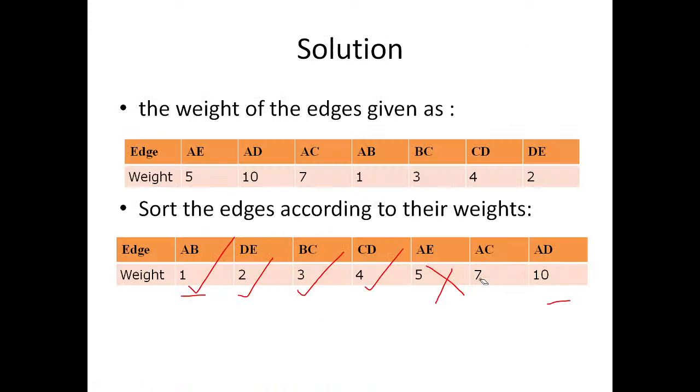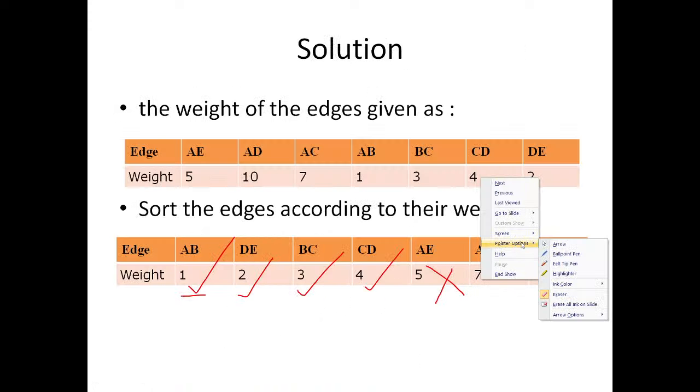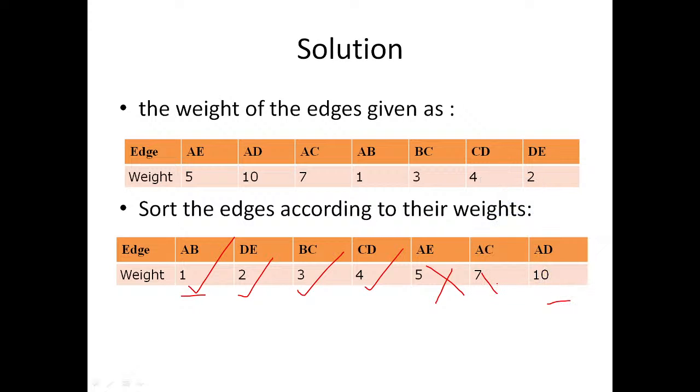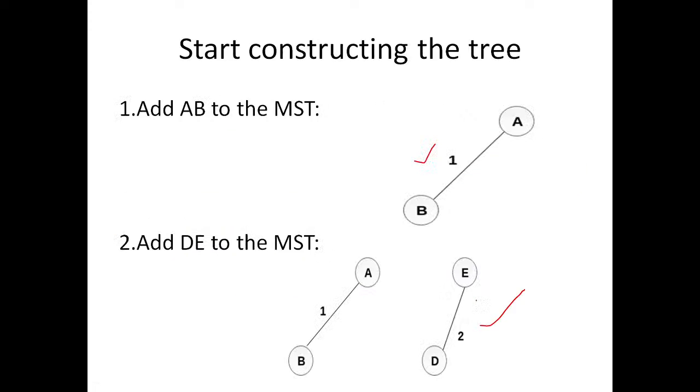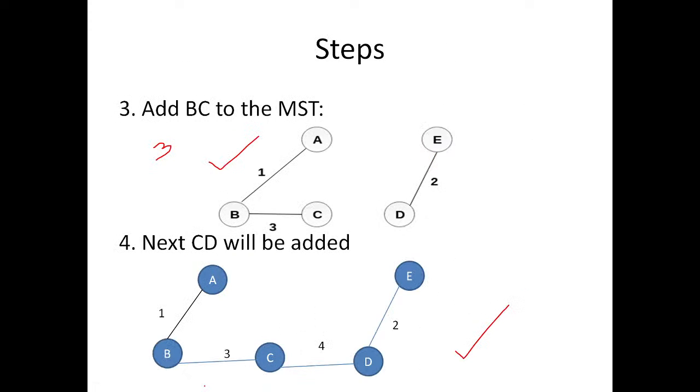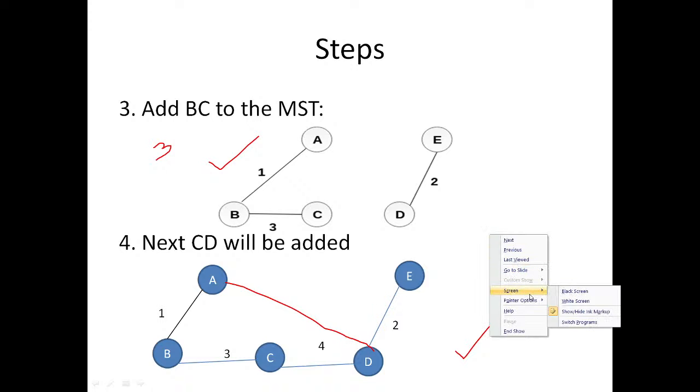And now in case of AD, see, if we add AD, again it is creating a cycle. So this can't happen, right? Because no cycles are allowed in the minimal spanning tree.